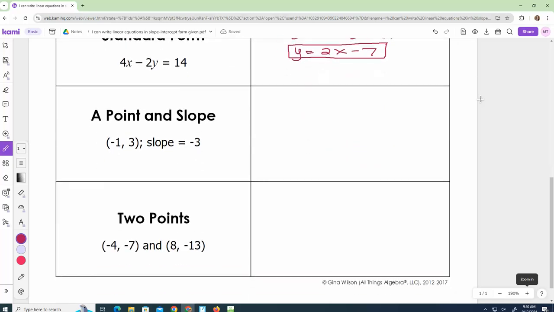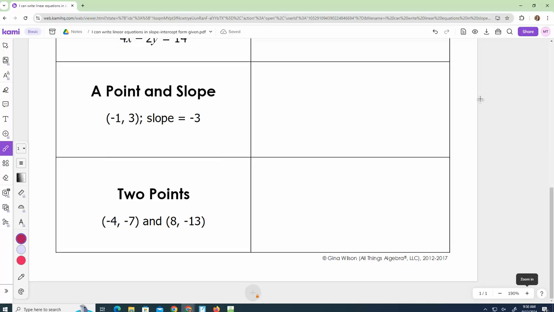The last few days, we have been writing it when we had to use our point slope formula. So remember that point slope formula is y minus y1 equals m times x minus x1. The point we're given, this is our x1, y1, and slope is our m.